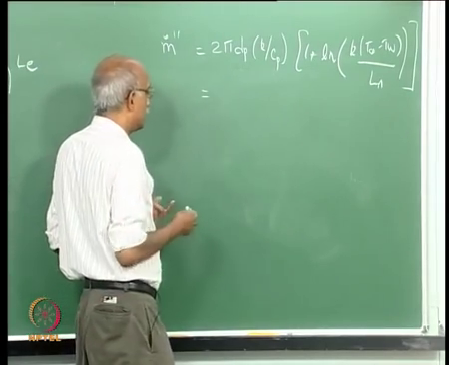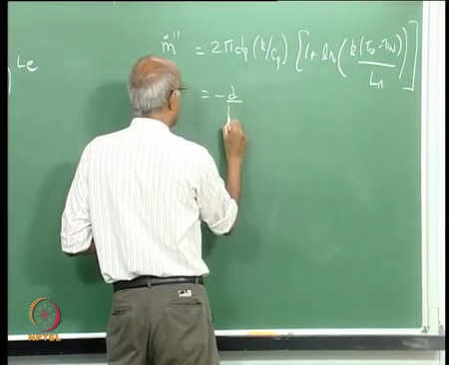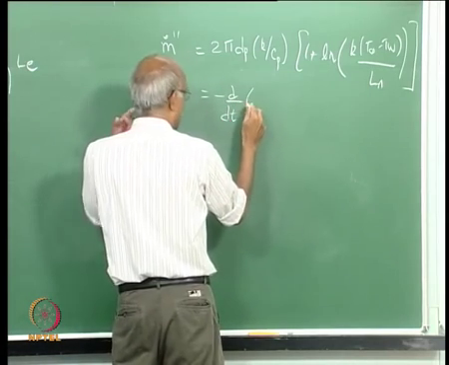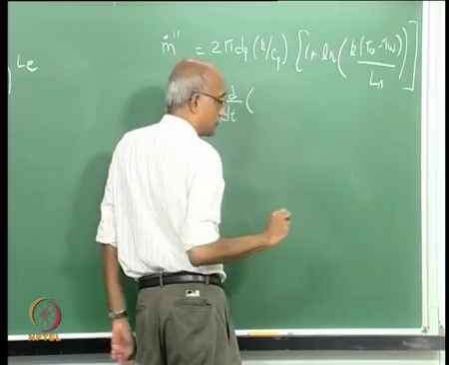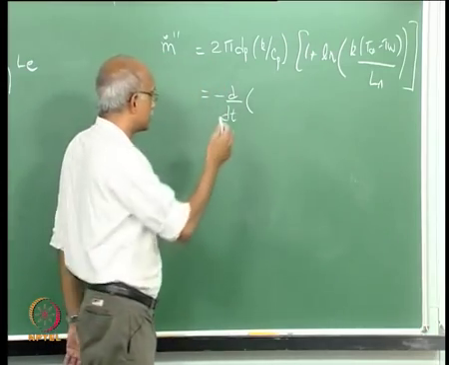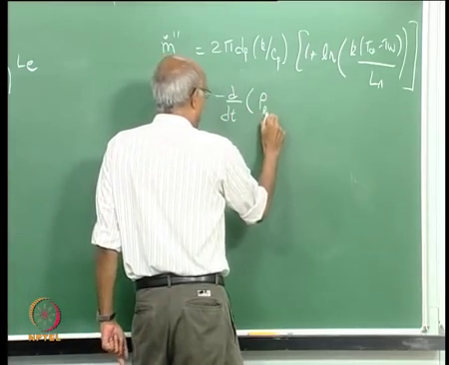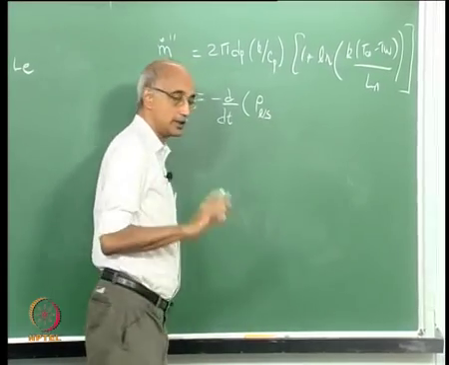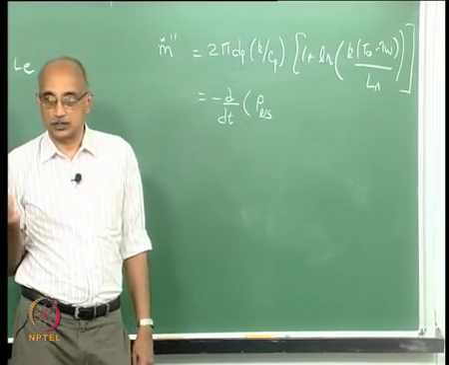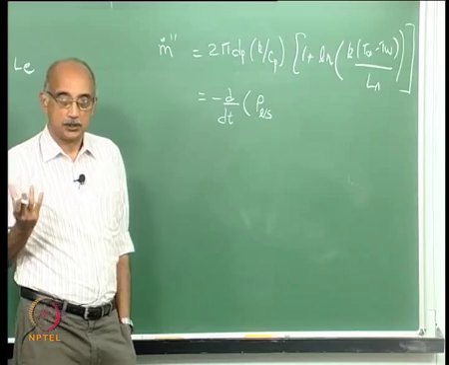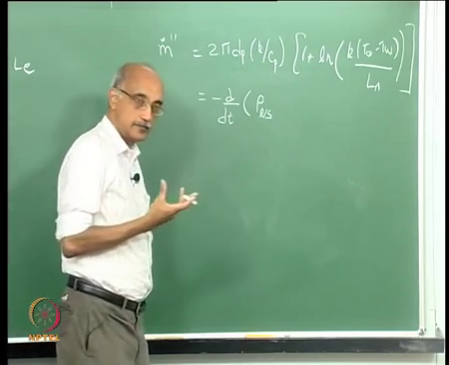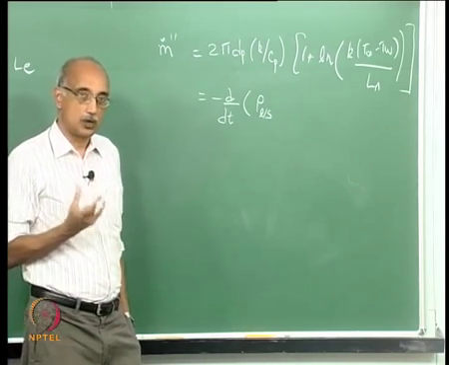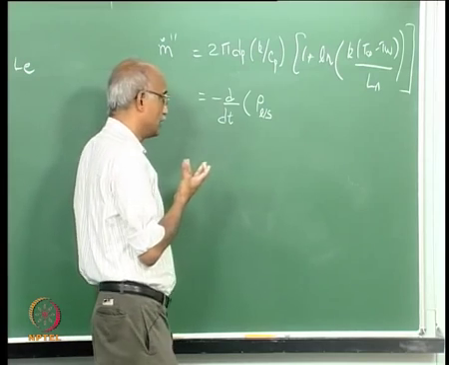So this is equal to minus d by dt of, what is the mass of the particle? It's rho L or rho solid, whether the material is a liquid or a solid, times its volume. Now what is the volume of the material?